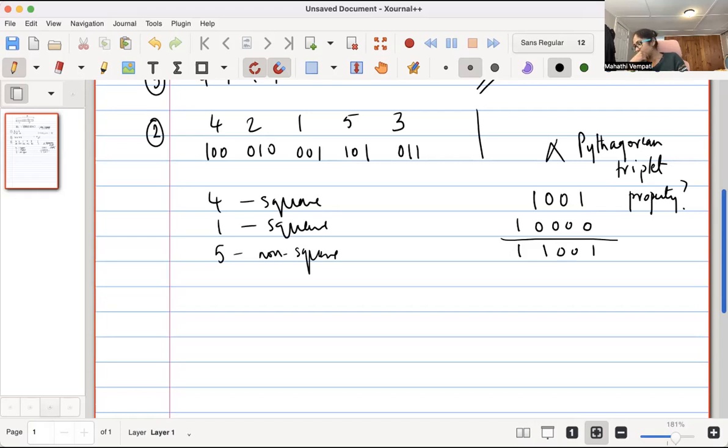But 1 to n square by definition has n different squares. Are we already doing an O of n computation? Okay, suppose I had a square and I wanted to ask, and I had the cumulative XOR of everything.